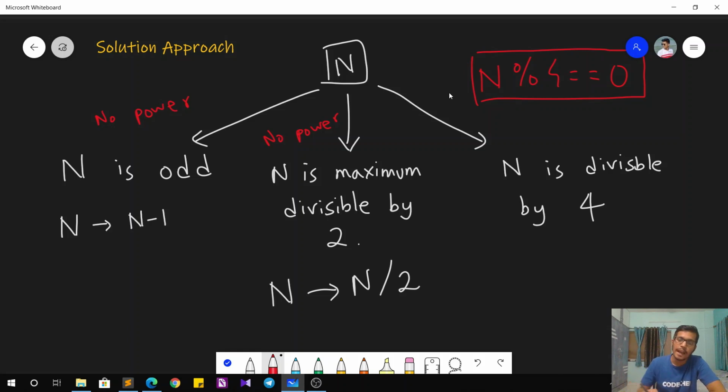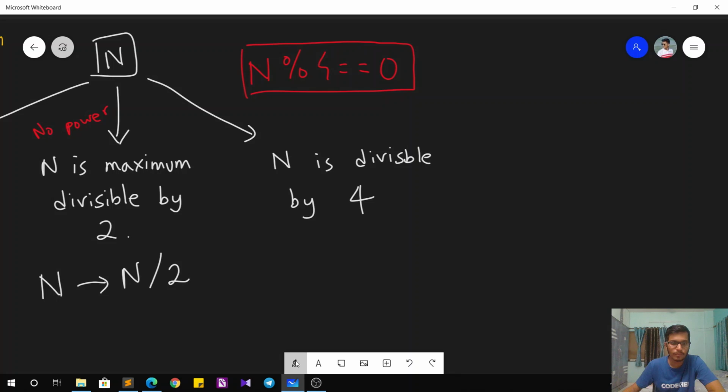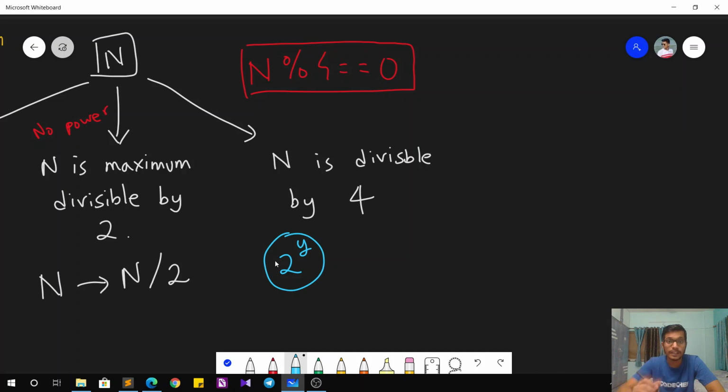Saying that n is divisible by 4 does not mean that n is not divisible by higher powers. Let's say n is divisible by the highest power, let's call it 2 to the power y. Say 2 to the power y is the highest power of 2 that can divide n.